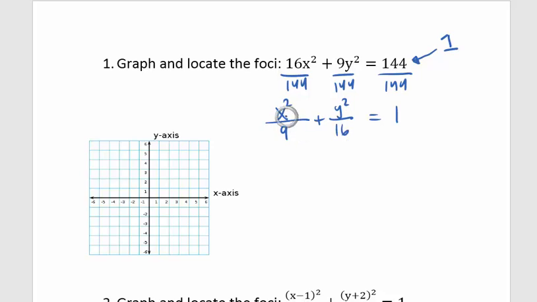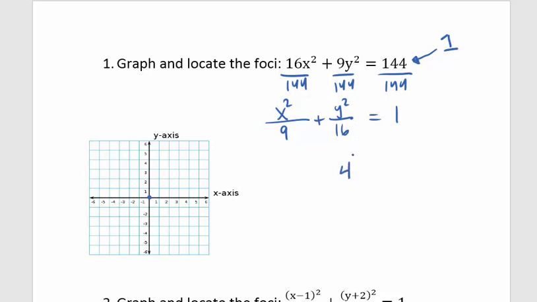Okay, notice since this is just x all by itself and y all by itself, there are no shifts, so the center of our ellipse is right at the origin. Now notice my a here, we would consider this a since y has a larger value under it. This is going to be our major axis and more of a stretch here. So this value 16, the square root of that is going to be how far it stretches in each of these directions. So the square root of 16 is a stretch of 4 in each direction.